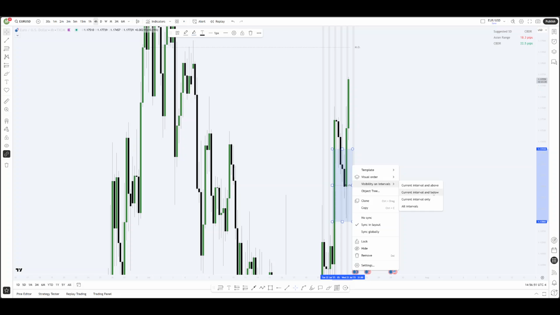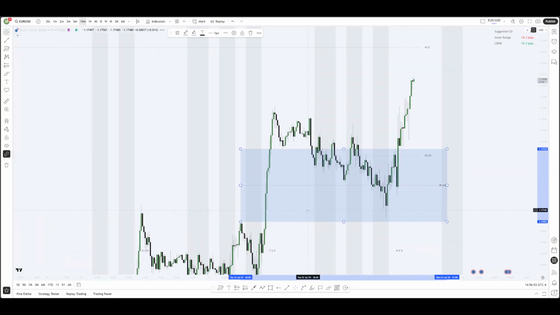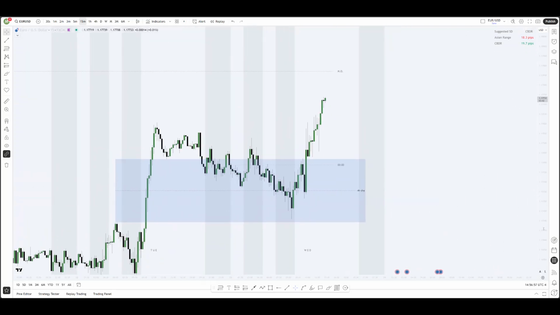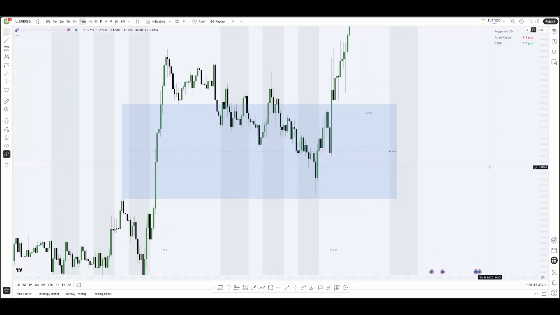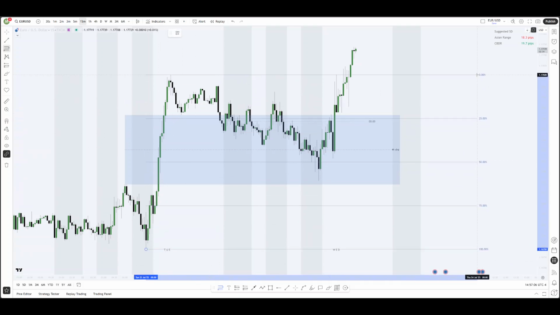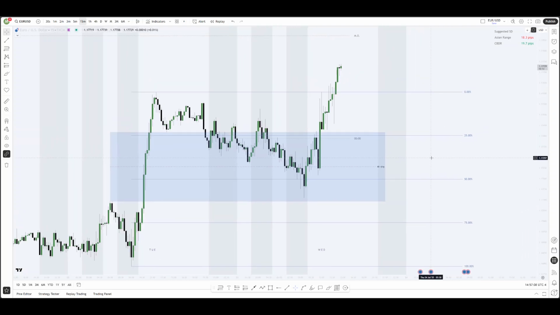If we do below 15 like so. So also, let's draw out this dealing range.